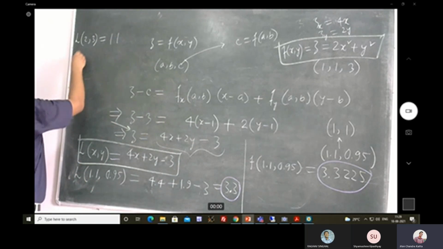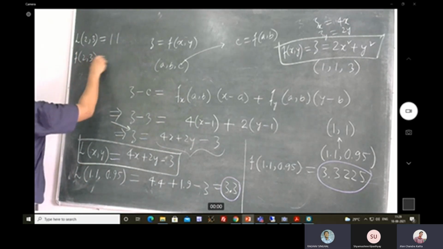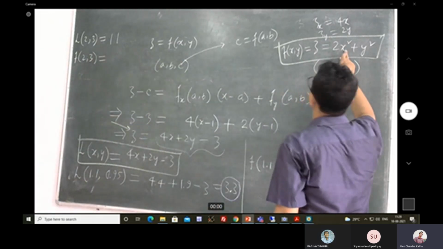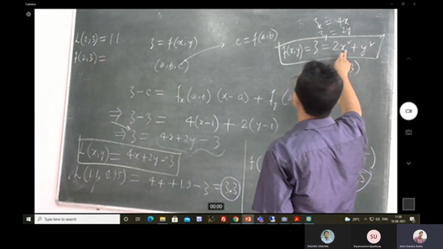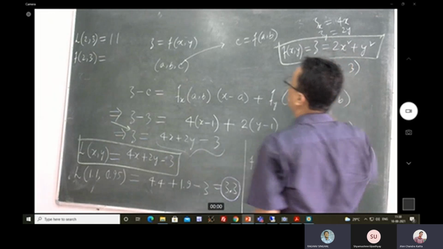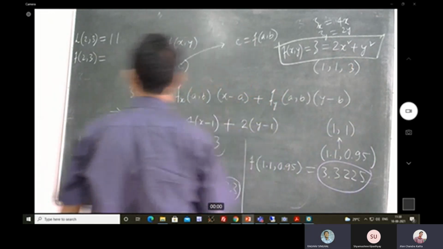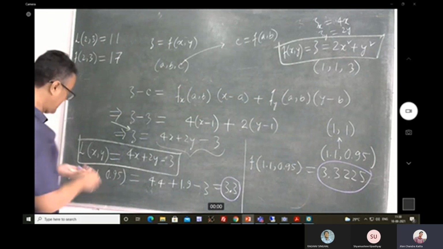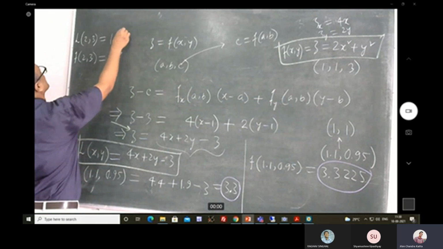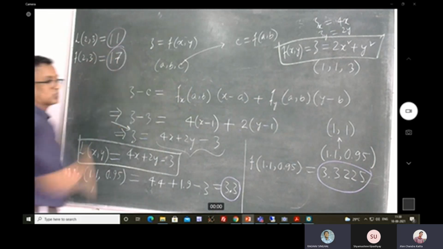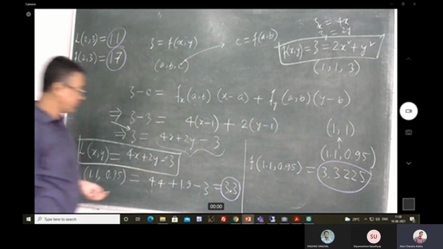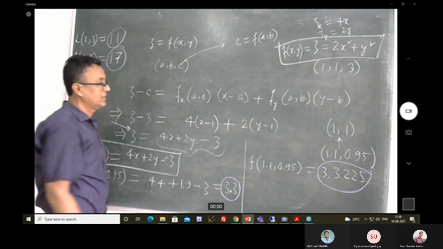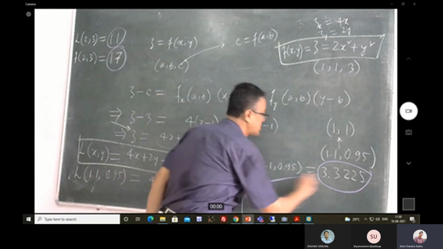Now, if I want to find out f(2, 3), so it is going to be 2 into 4, that is 8, plus 9, right? 17. Okay. So now let us concentrate on these two. So what is happening? The values of the functions f and L, they were very close to each other.